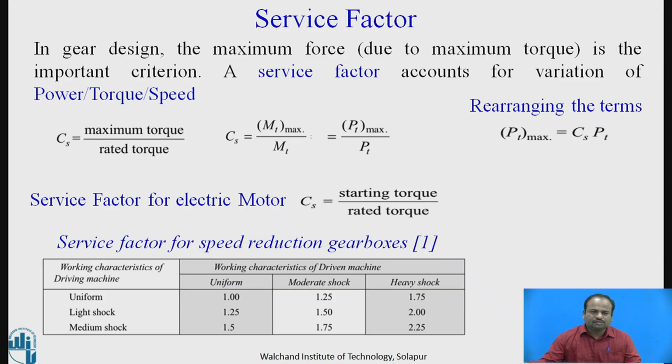The working characteristics of the driving motor are given on the left hand side. If the working characteristic is uniform, light shock, or medium shock, that has different values of the service factor. For driving and driven machines, we compare and take the different value of CS as recommended in this table.